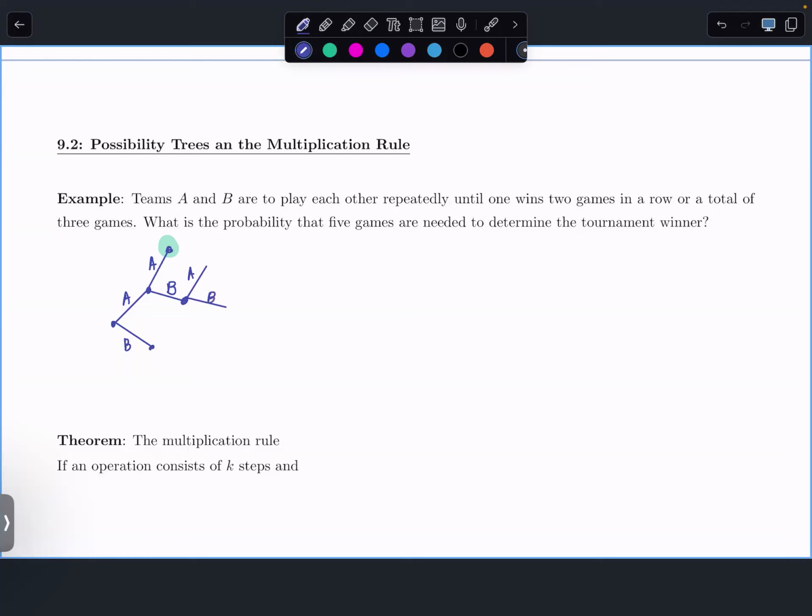Now, what's true here? That's the end of this branch. It's not the end of the other one. B did win 2 games in a row there, so we're done. But if it goes A, B, A, we're not done yet. Are you tracking that?